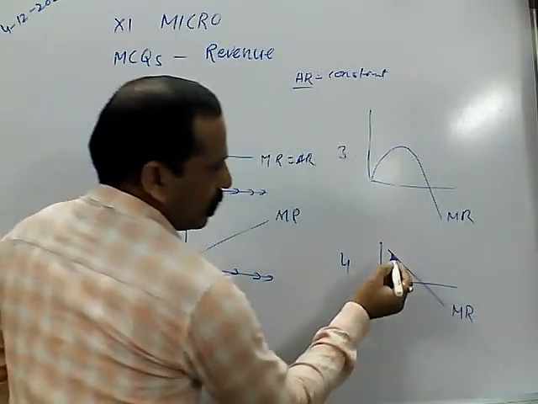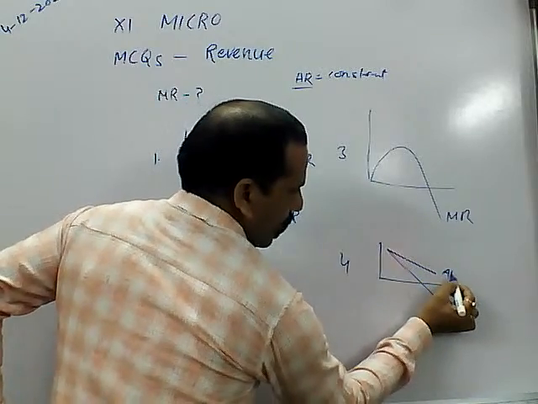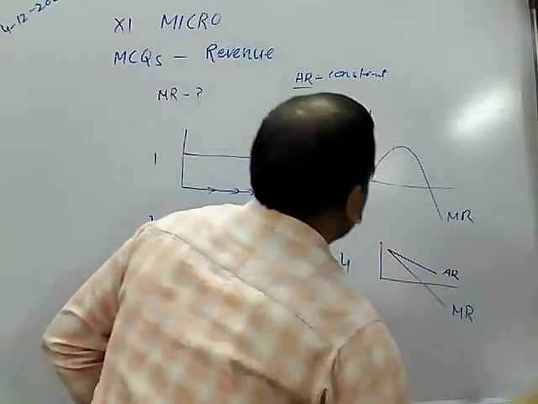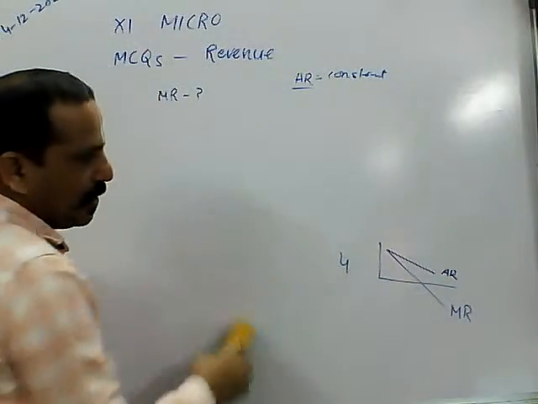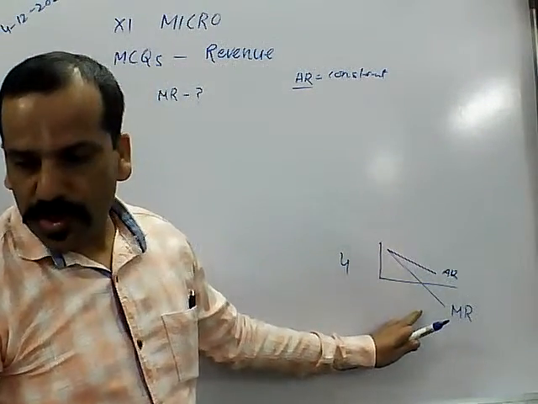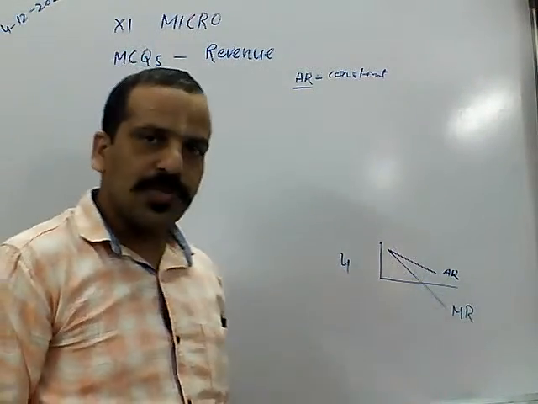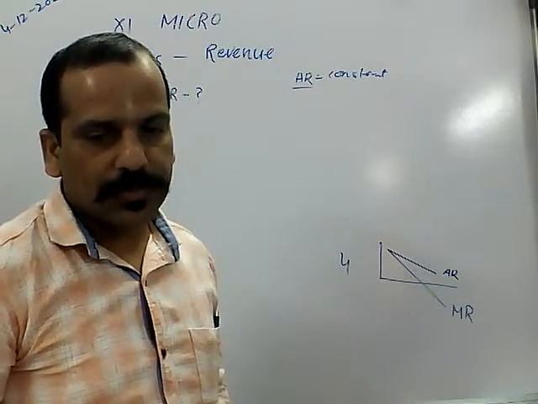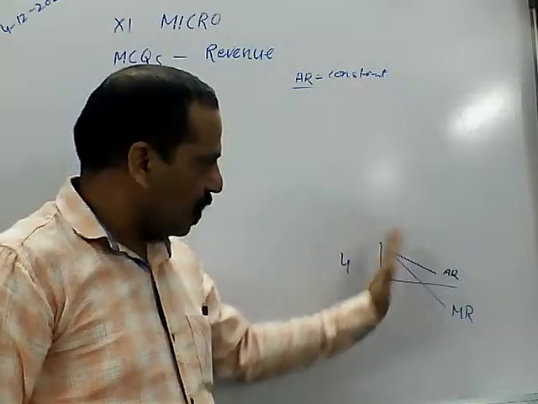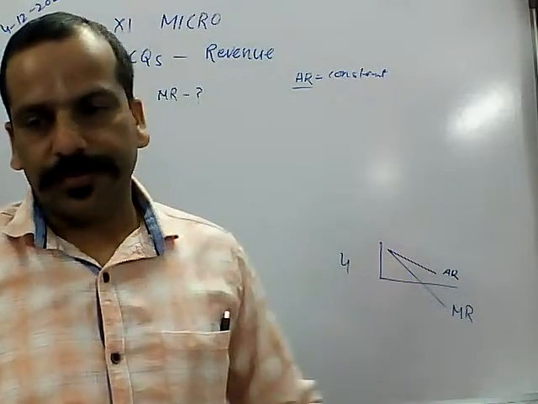So even here I can draw like this: AR and MR. Like this, marginal revenue is more steeper than average revenue when prices are falling, when price is falling with the rise in output.